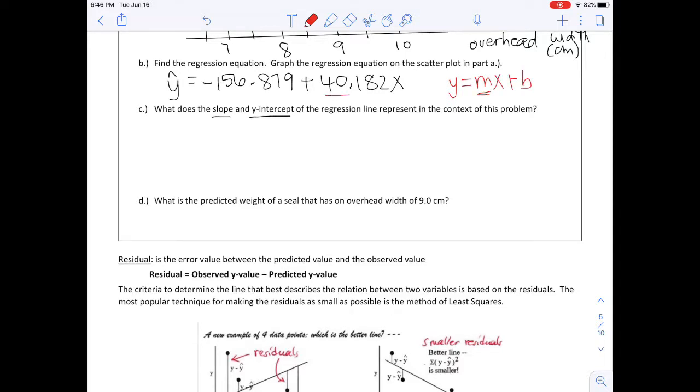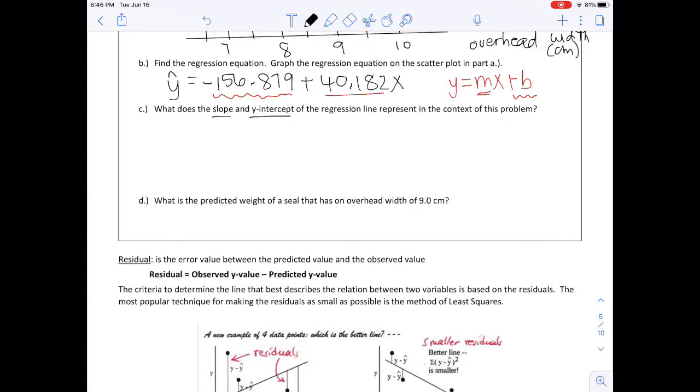I want you guys to notice that m is what's in front of your x, and that's your slope. So for this, it's asking for what does the slope and the y-intercept mean. And so your y-intercept is the one that does not have the x value with it. And so for this problem, it's negative 156.879.